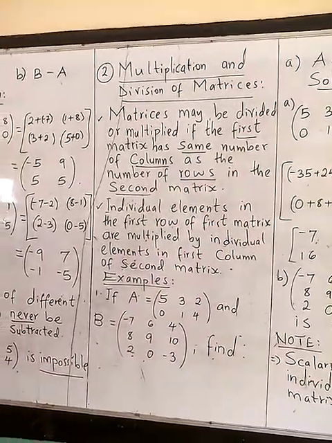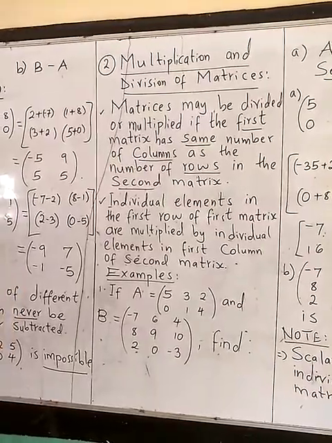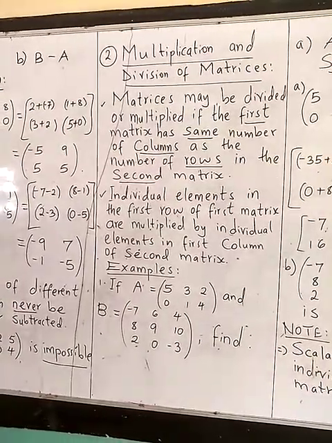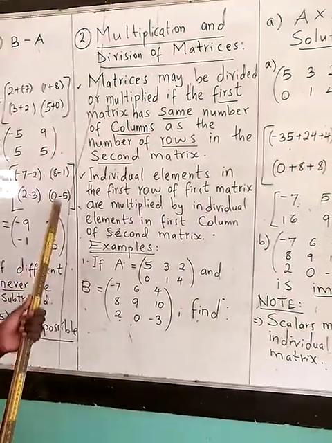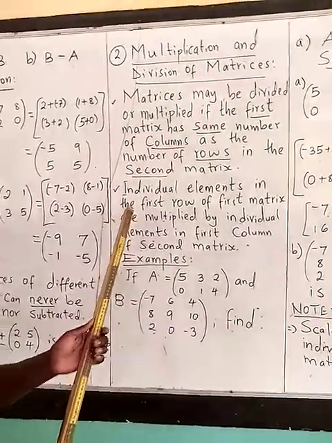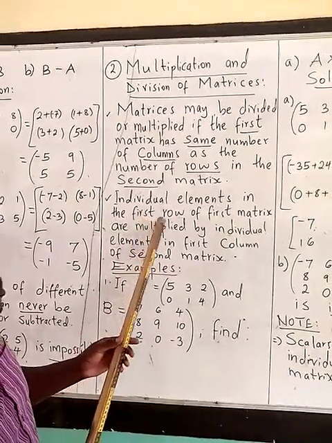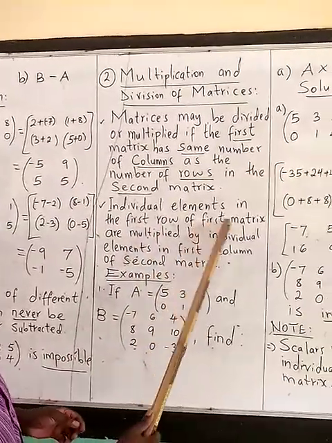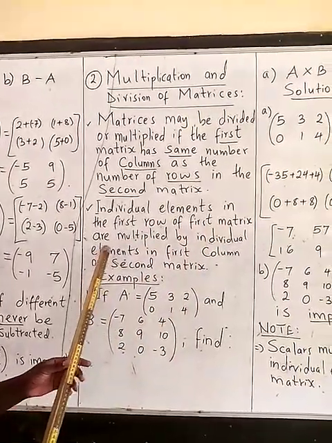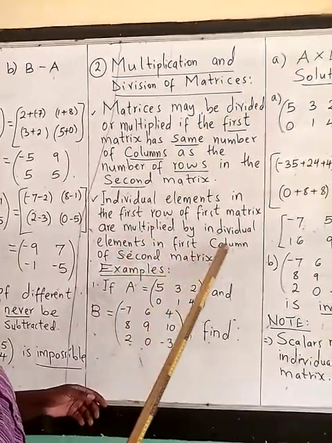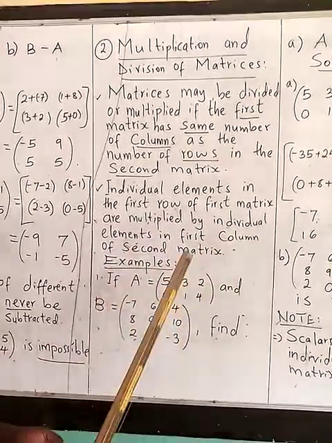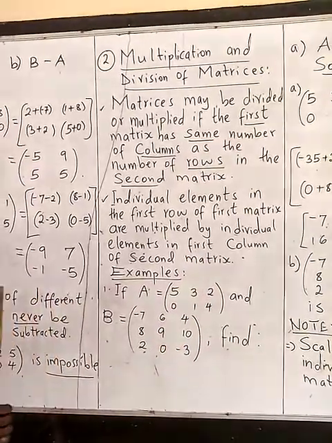The number of columns in the first matrix must be equal to the number of rows in the second matrix. We are going to understand that. Individual elements in the first row of the first matrix are multiplied by individual elements in the first column of the second matrix. What I'm saying is this.